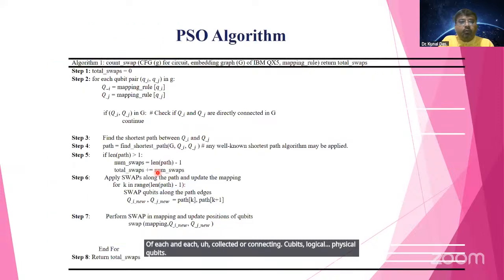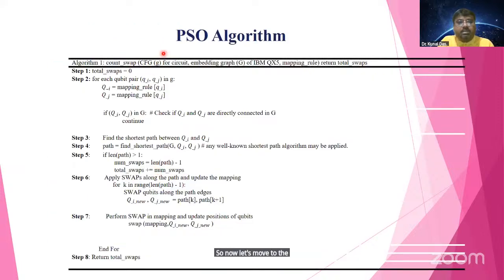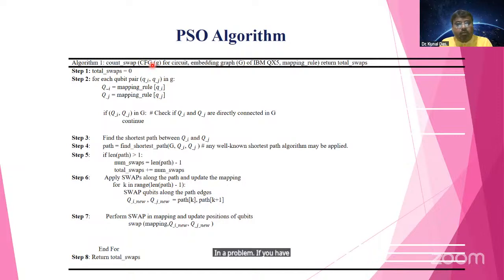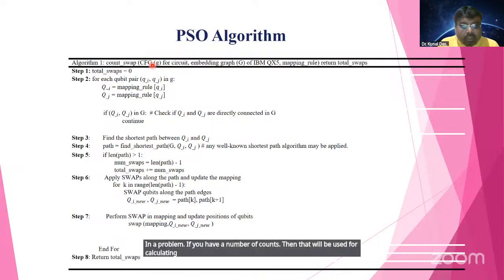So now let's move to the algorithm for understanding. The first algorithm is how to count the number of swaps required in a problem. If you have the count, then that will be used for calculating the fitness value.